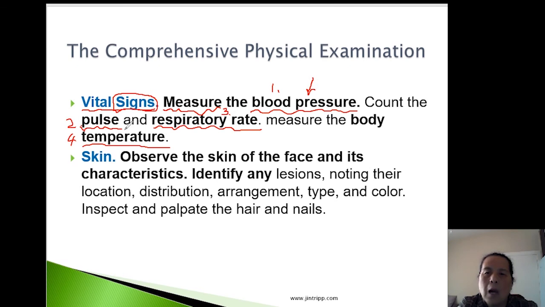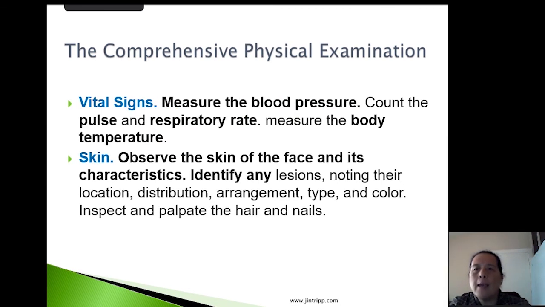Pulse we can calculate, and the respiration rate we can calculate. Temperature we still have a meter to test. So all together, we have four vital signs. So that's the vital signs part.